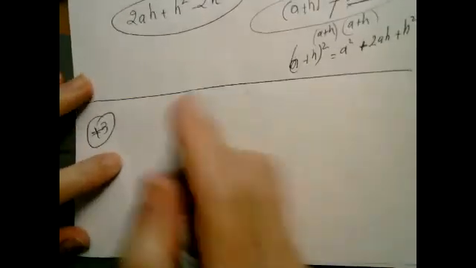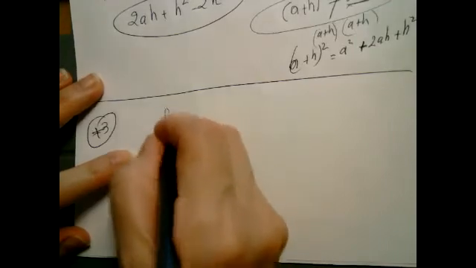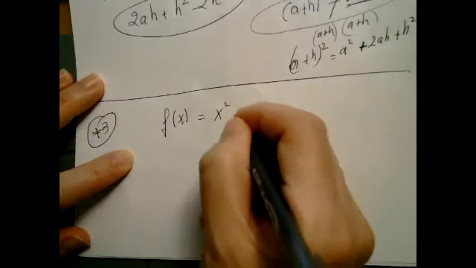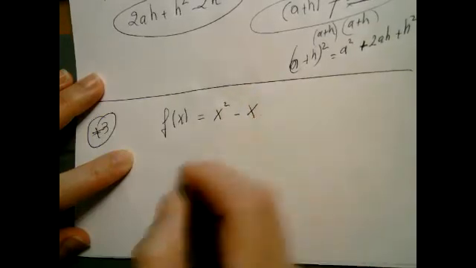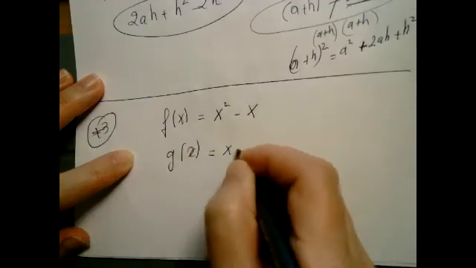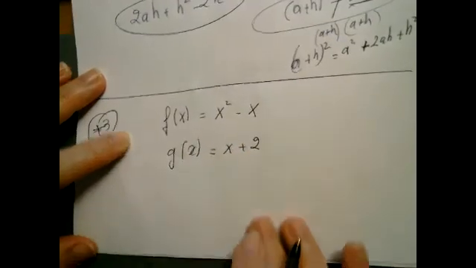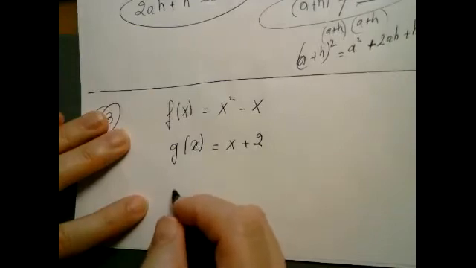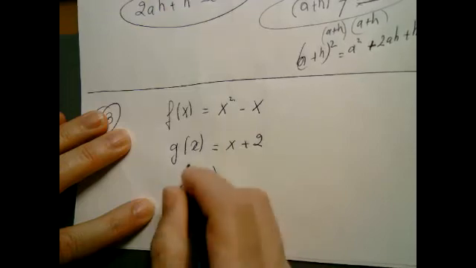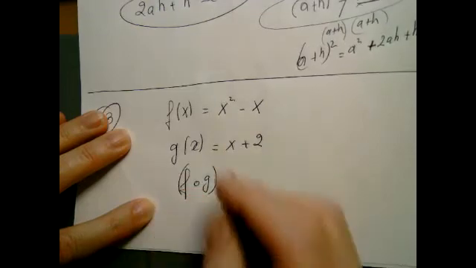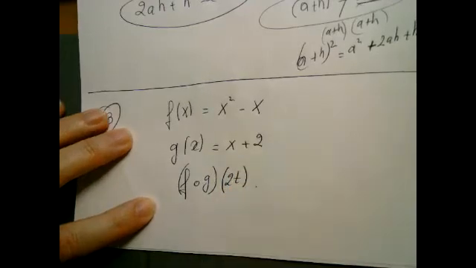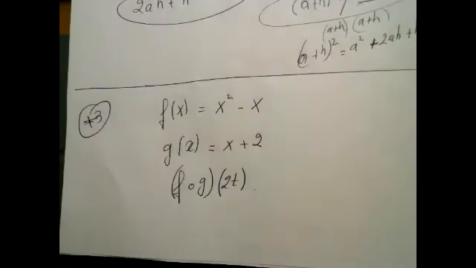My question is, I gave you the function f of x equals x squared minus x, and I gave you g of x to be x plus 2, and my question was to find f composed with g, watch carefully, evaluated at 2t. That's really what my question is.